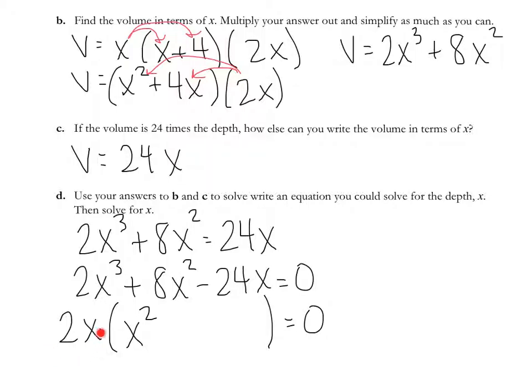Next, 2x times what would give me an 8x squared? To get from 2 to 8, I'm going to have to multiply by a positive 4, and to get from x to x squared, I'll have to multiply by an x. Finally, 2x times what would give me a negative 24x? To get from 2x to negative 24x, I'll have to multiply by a negative 12.